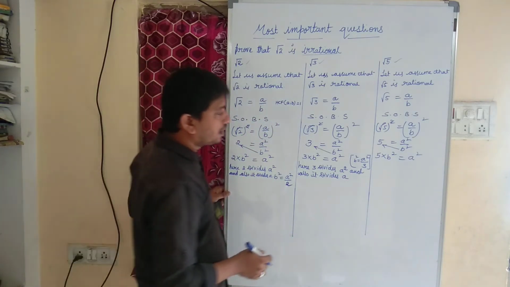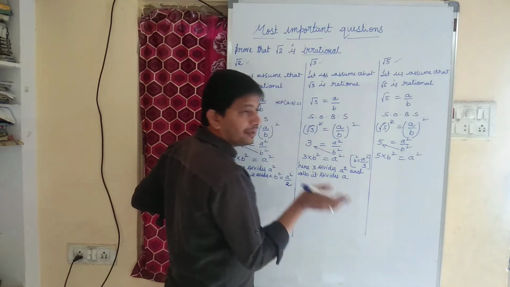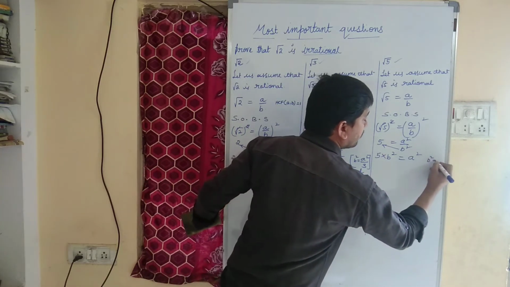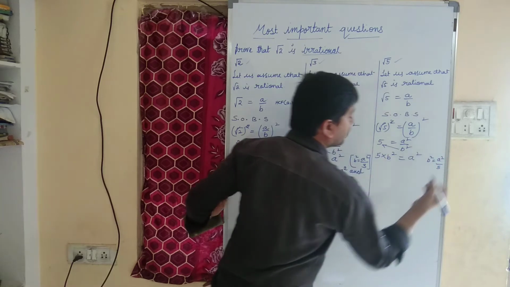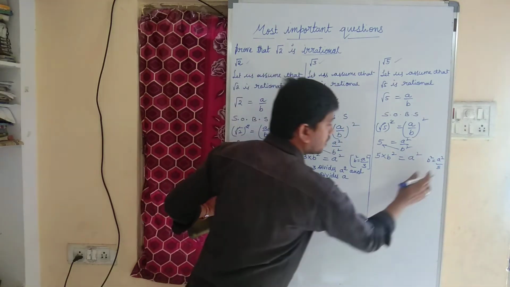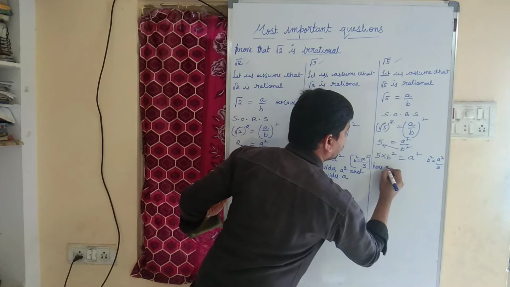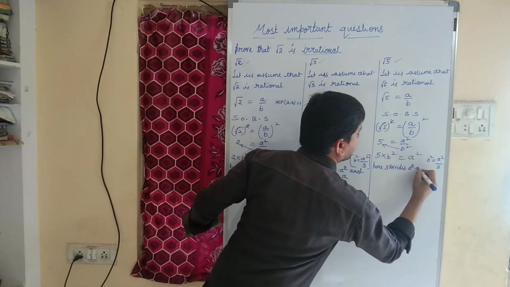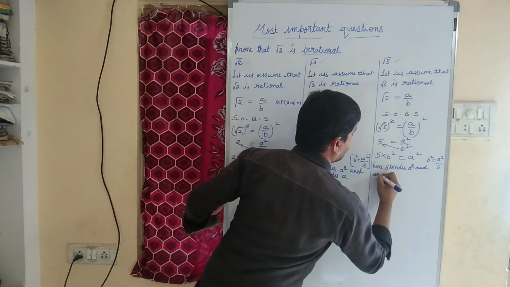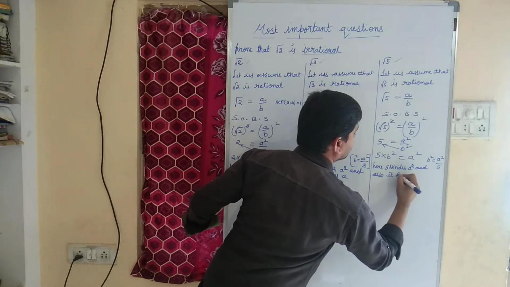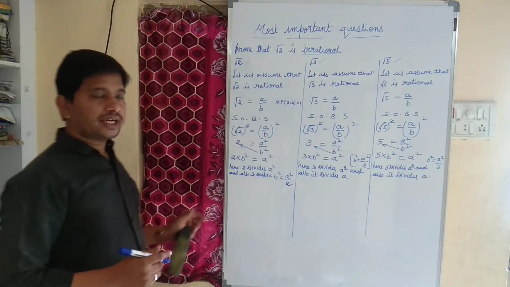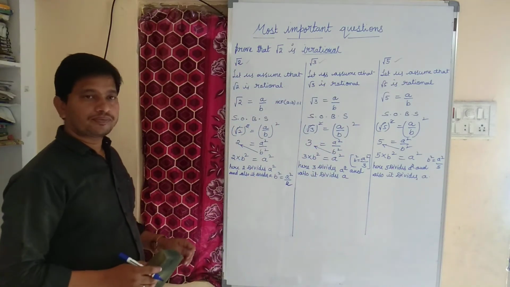In a similar manner, here 5 into b square. I mean 5 is multiplied by b square. If you transpose that side, it will become b square equal to a square by 5. I mean here 5 divides a square, and also it divides a. Right? Is it clear, children, this step?